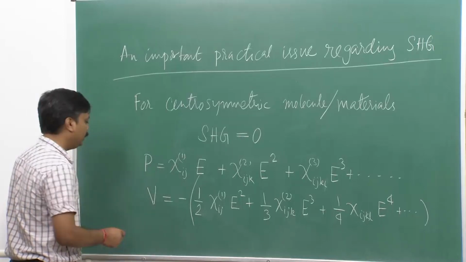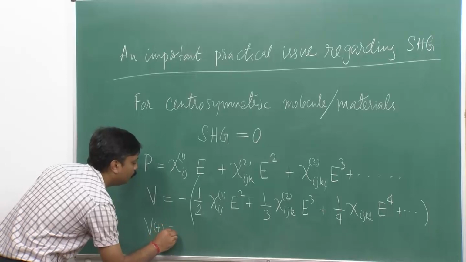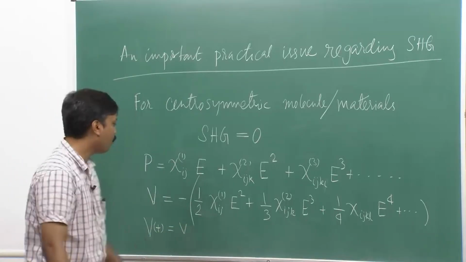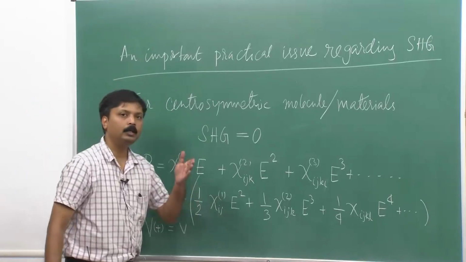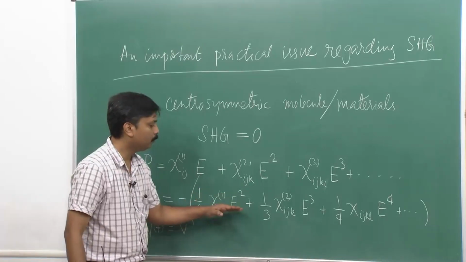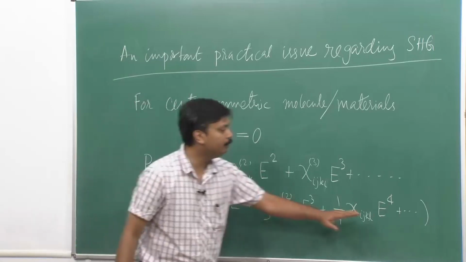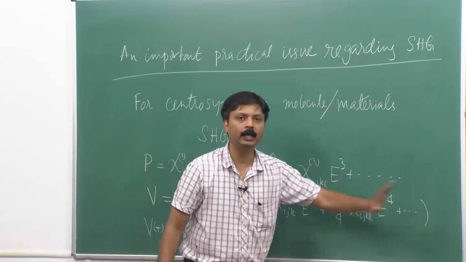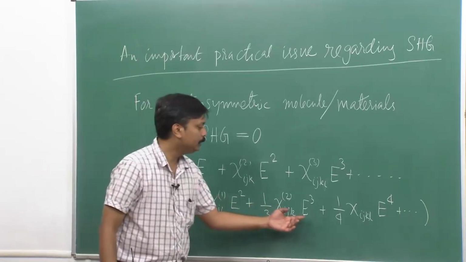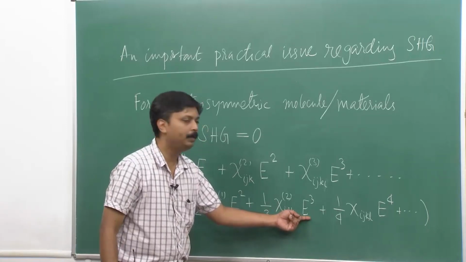So, if I consider V plus, that will be equal to this V. Now, if I have my electric field coming from the opposite direction, that is my minus E, all this E square or E4, E8, these terms will be unaltered, while this E having odd power will become negative.